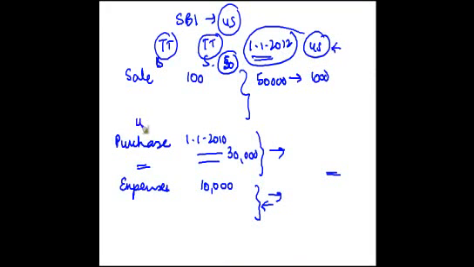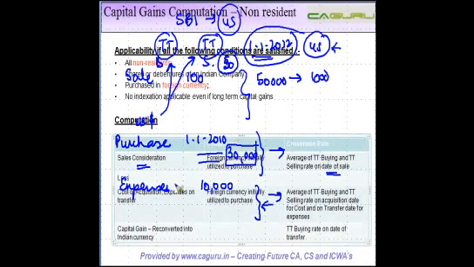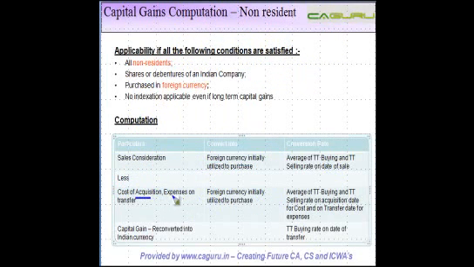If you purchased the share in US dollars, the TT buying and TT selling rate has to be for US dollars. The purchase price was 30,000. The cost of acquisition and the expenses on transfer have to be converted into the foreign currency initially utilized to purchase. You convert using the average of the TT buying and TT selling rate on the acquisition date for cost, and on the transfer date for expenses.